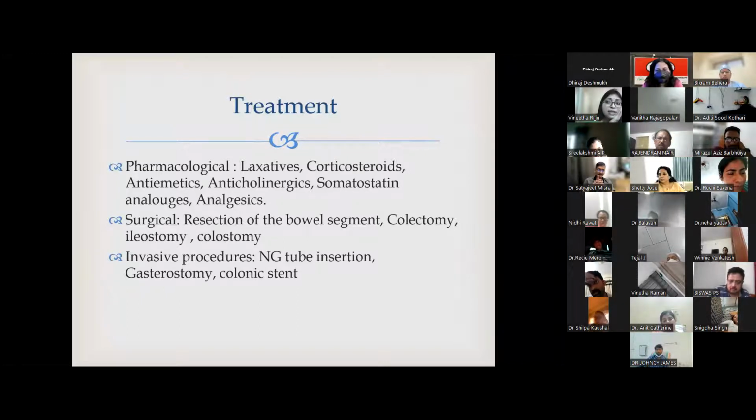Definitely one of the side effects of ondansetron is constipation. So we also have the other option of giving haloperidol. Generally in palliative care, we do use haloperidol quite often for its antiemetic property, right?